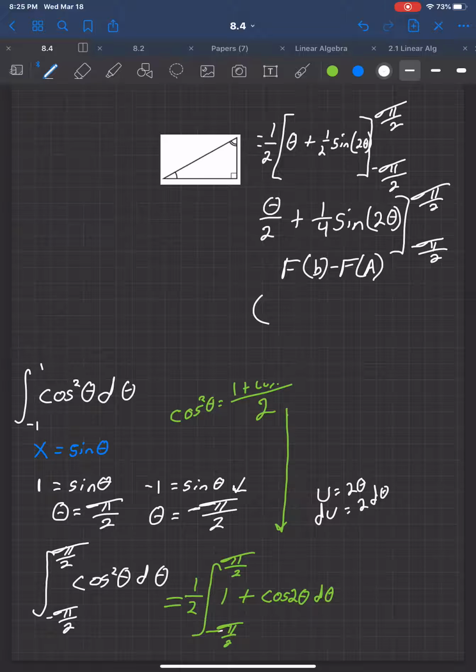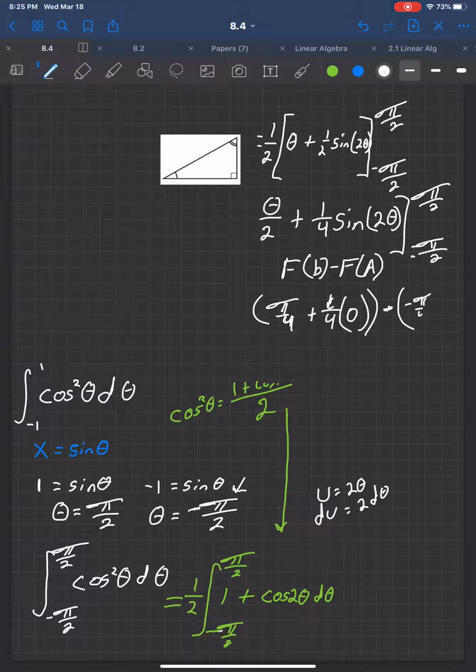So this would be pi over 4 plus 1/4 of times 0 minus, all right, now you're plugging in negative pi over 2. Negative pi over 2 divided by 2 is negative pi over 4. And again, negative pi over 2 times 2 is negative pi, which is again 0.